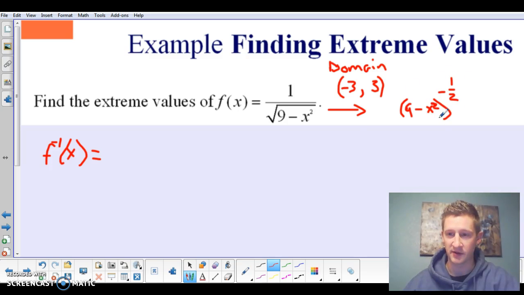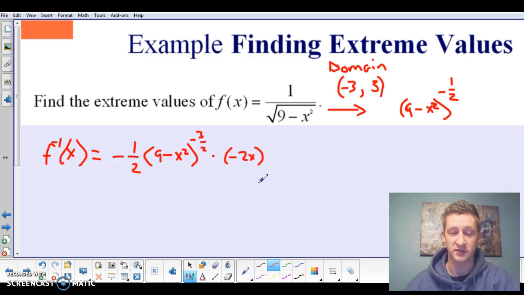As I find this derivative, I will have -1/2 times 9 minus x squared raised to the now -3/2 power. So I have to subtract 1 from the exponent, times the derivative of the inside. Well, because using the chain rule, the derivative of the inside would be -2x.